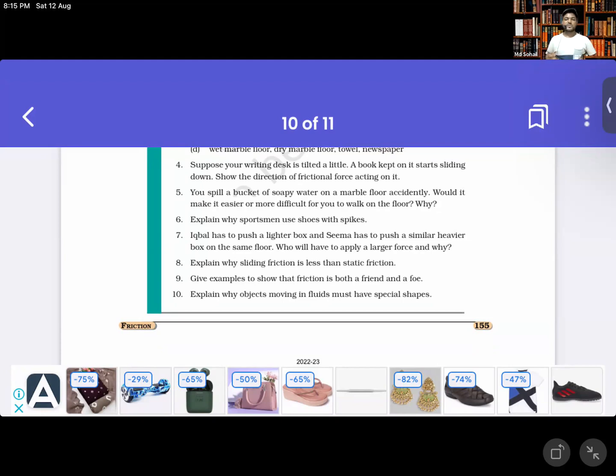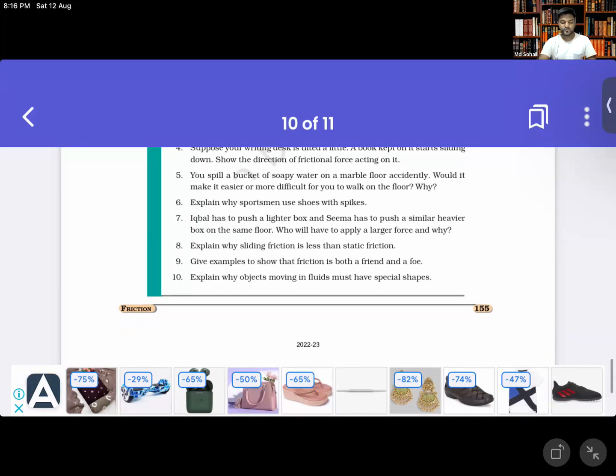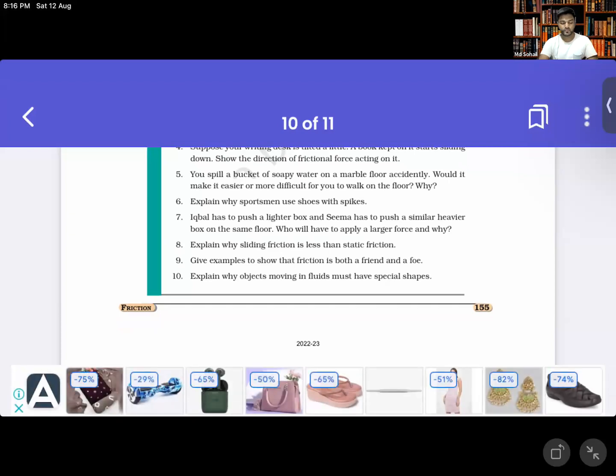Suppose the book is moving downward like this. The force of friction will be upwards. Can you guys see this here? Yes. It is coming down because we know friction always acts in a direction opposite to the applied force or the motion of the body, right?